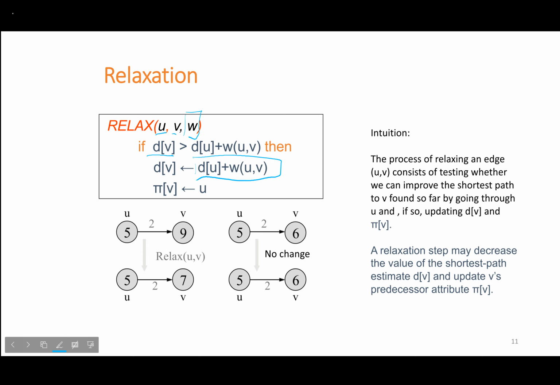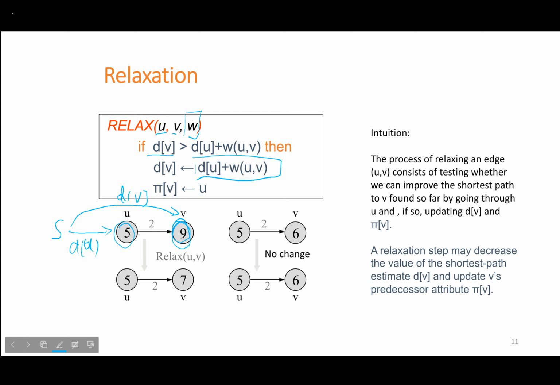Take a look at this one. We have 5 and 6, and the number at each node holds the distance from the source S to that node. So we have S to here, and we have S to U. This is the shortest path. This is the d[V] we represent in the vertex, and this is d[U].